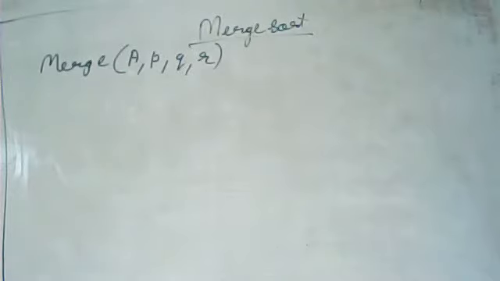Because this one is better than insertion sort when we have a large number of elements. For a very small number of elements, insertion sort is obviously better, but in this case, merge sort is better in terms of time, though it will take more space.